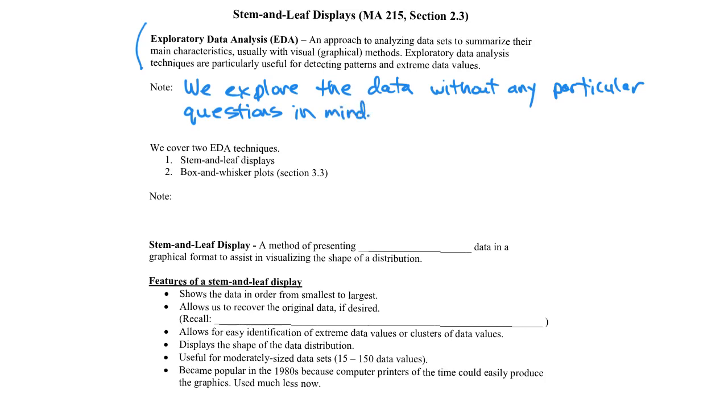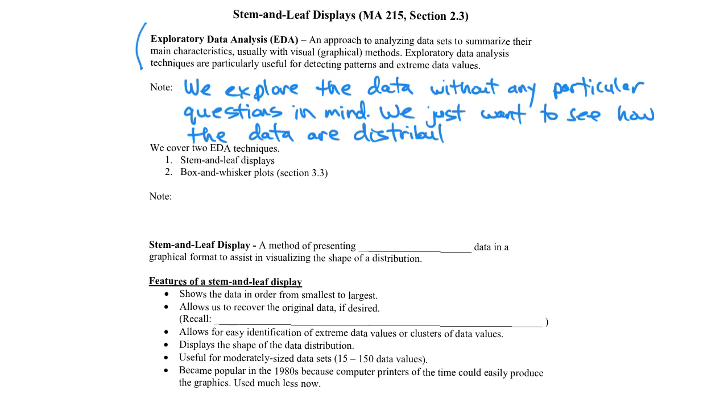We just want to see how the data are distributed. So if you have a small set of numbers and you're just looking around for outliers, are there any numbers that are really big or really small? Or are the numbers all clustered together? Just kind of barely taking a look.